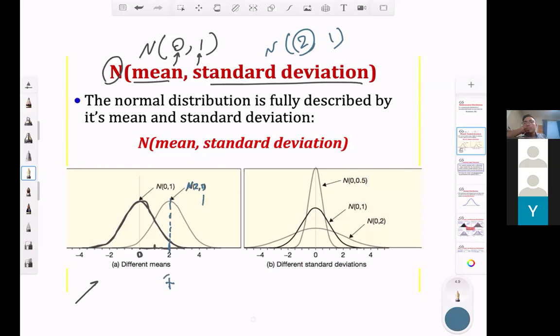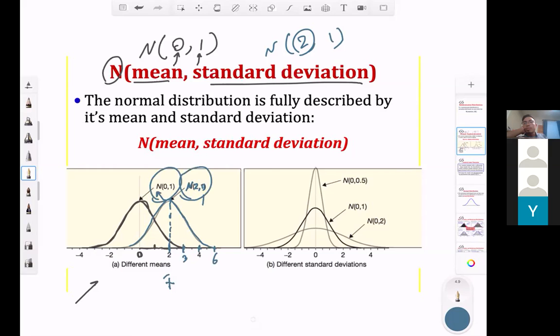So we have 2 plus 1 is 3, 2 plus 2 is 4, and there's another one here. What we do in this section, in this chapter, is move this one to normalize it to 0 and 1.